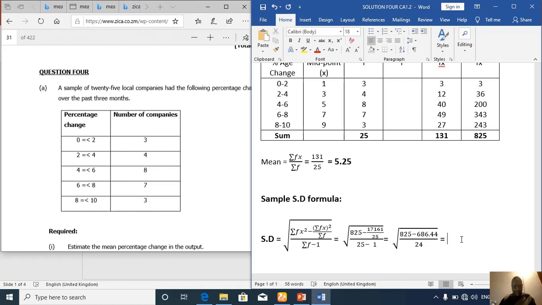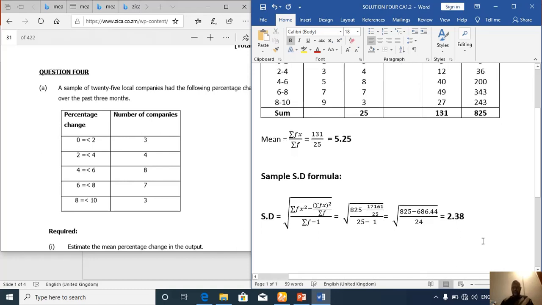So when you get the square root of that, you'll get the standard deviation as 2.38. 2.38 is going to be your standard deviation. Remember what I explained on the relationship between standard deviation and the variance. If you want to get the variance, it is going to be the square of that standard deviation.